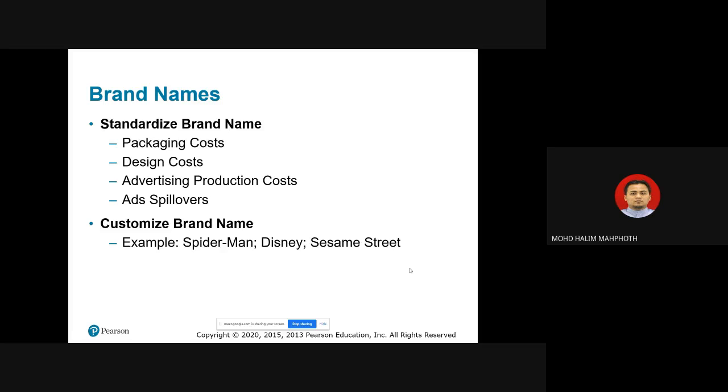Design, advertising and spillover. Customized brand names, like using characters such as Spider-Man or Disney. These different characters put on the packaging go for customization, meaning you put a character like Spider-Man on the packaging, but only for a certain period of time.